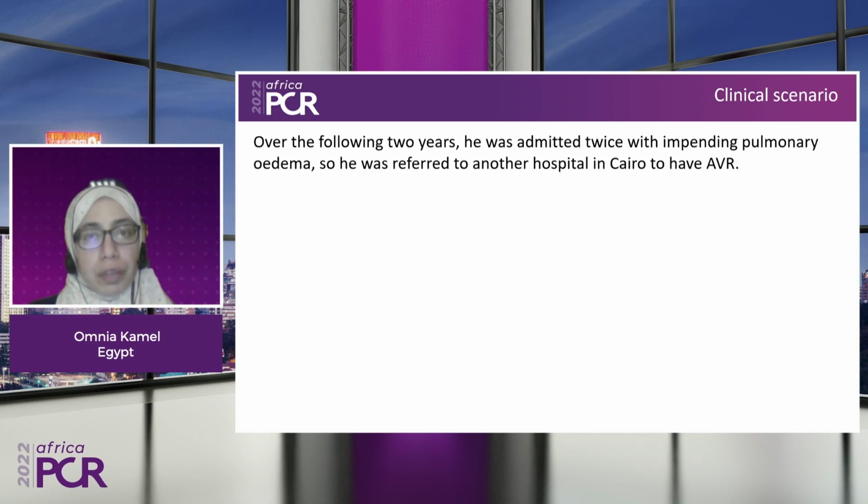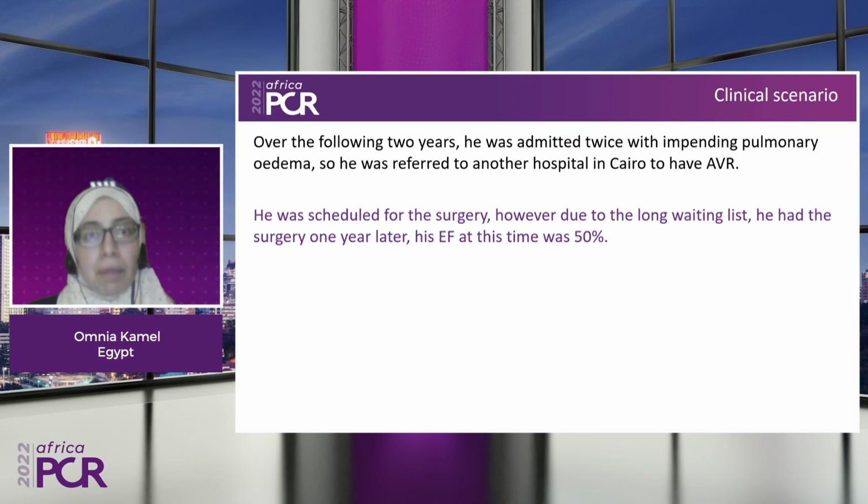Over the following 2 years, the patient was admitted twice with impending pulmonary edema. That's why he was referred to another hospital in Cairo to have aortic valve replacement. He was scheduled for surgery, but due to the very long waiting list, he had the surgery after 1 year. At this time, his ejection fraction was around 50%.